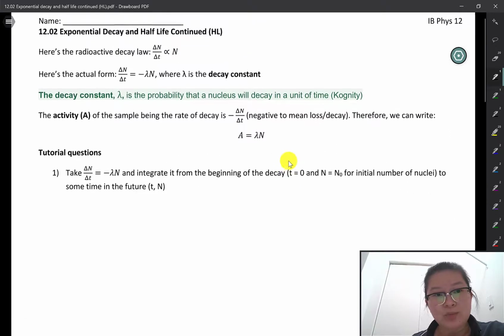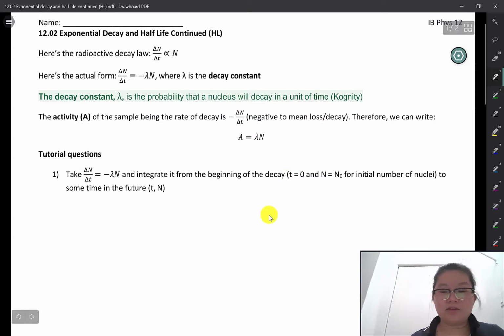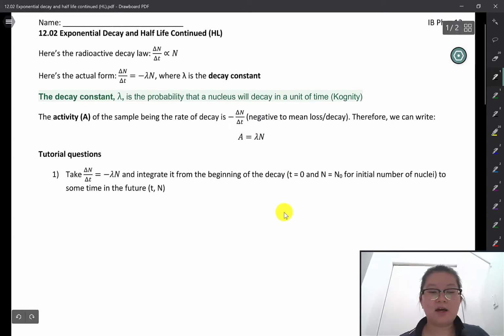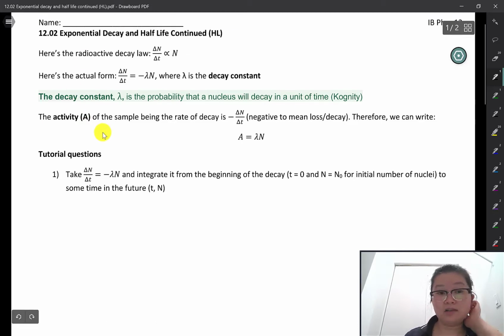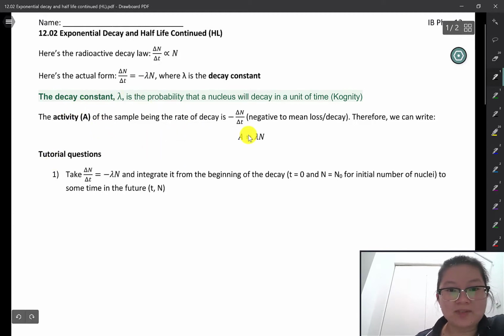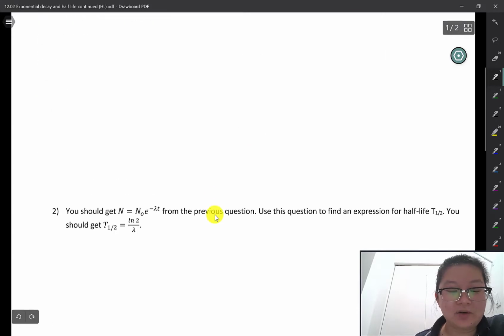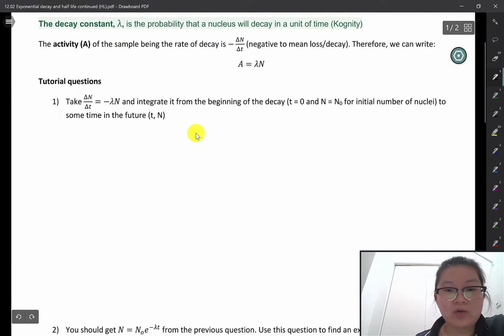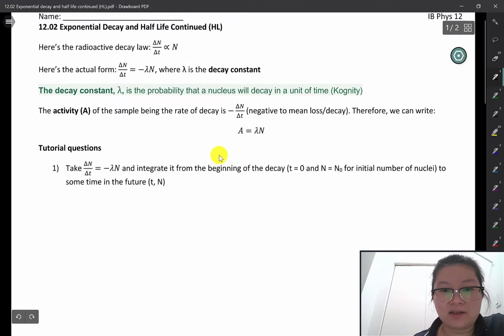So let's begin. All right, so this first part, I'm going to introduce the concept of these symbols, what the decay constant is, what the activity is, a little bit of relationships, and a little bit showing you how to basically derive the equation that is in your data booklet, okay?